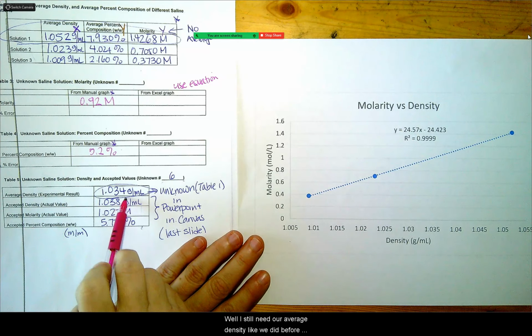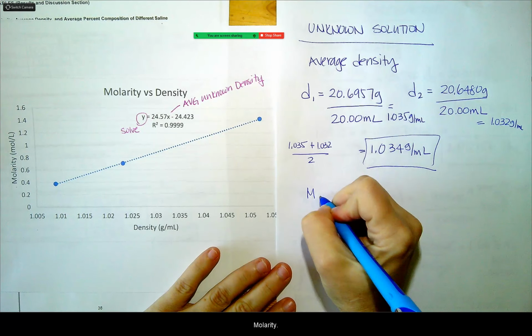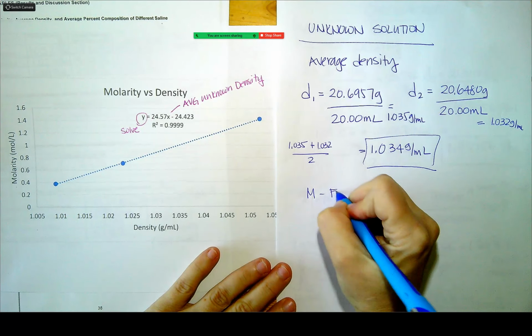Okay, so here's our unknown solution. I'm going to put this over here. Here's our unknown solution and our molarity from, I'll just write Excel graph. You can write Google Sheets, whatever it is. Because we're actually calculating it, it'll be Y equals 24.57x minus 24.423.